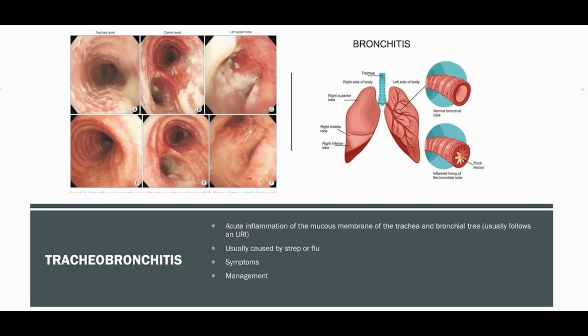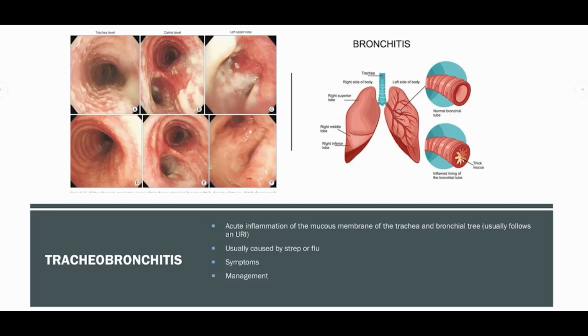It can, but it might go into a tracheobronchitis situation, and you're going to have usually a productive cough, fever, chills, and some pleuritic chest pain, so it increases with coughing. Depending on the causative agent, we could use antibiotics, but if viral, it'd have to run its course.